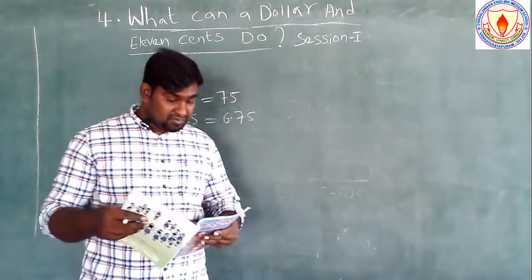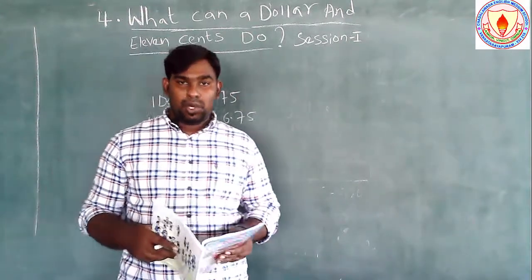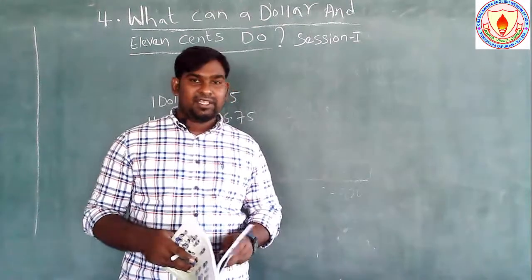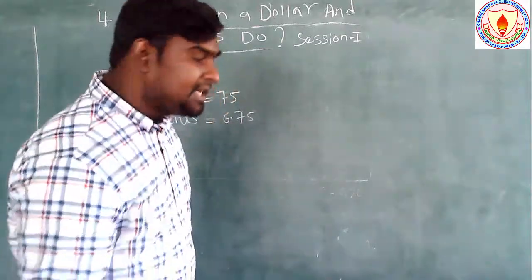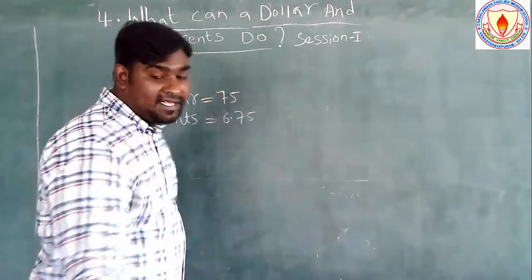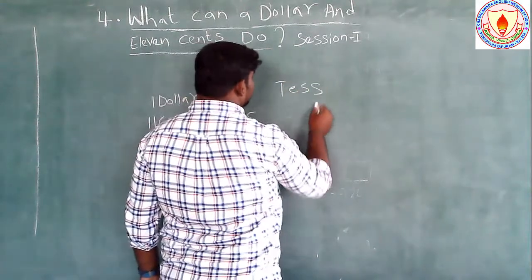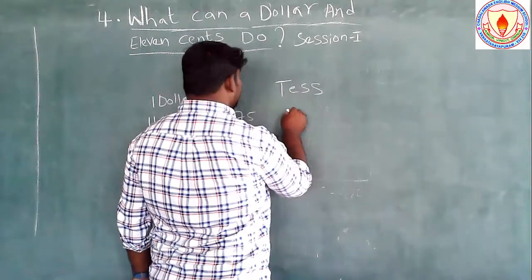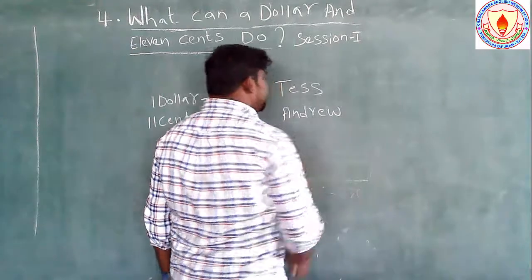An 8-year-old child, Tess, loved her brother Andrew. What is the name of that girl? Tess is her name, and her brother's name is Andrew.